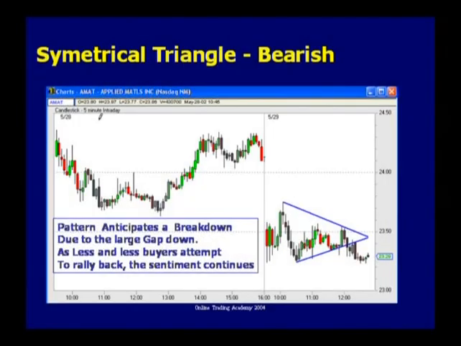Now, there's a couple of interesting things on triangles. We need at least 4 points of contact. Up here you can see the number 1, number 2, number 3, and number 4, okay? The legs themselves actually give us some idea of what's going to happen here. If you'll notice, the top leg of the triangle is much longer than the bottom.